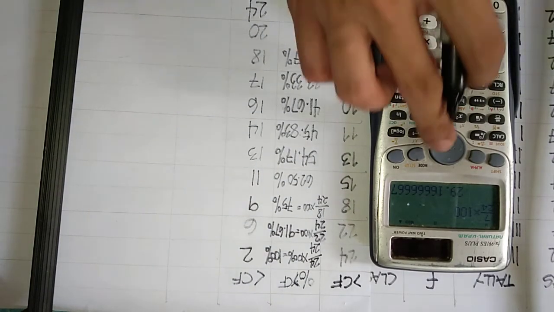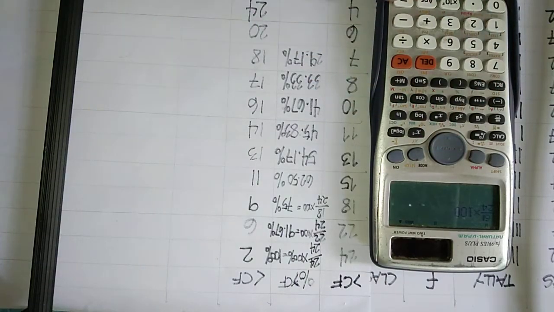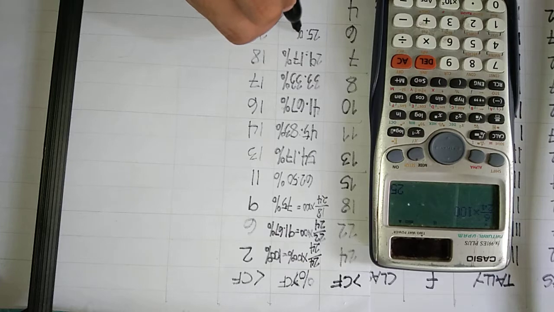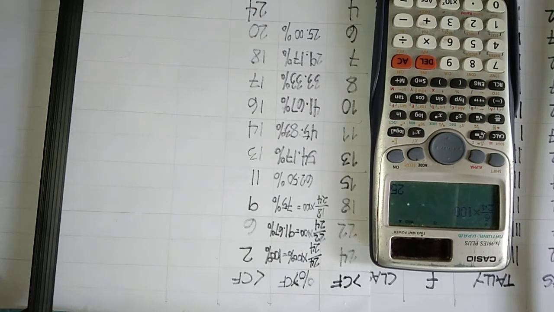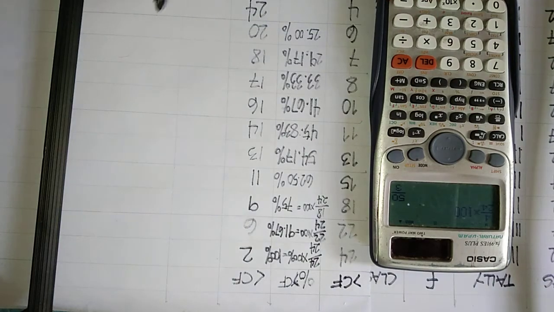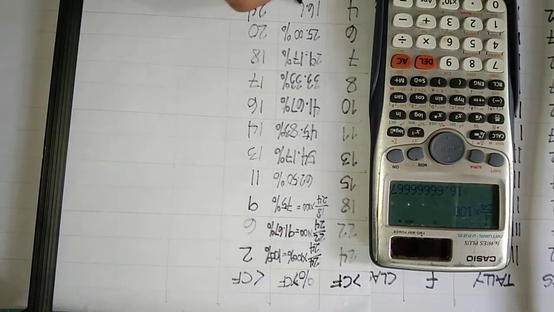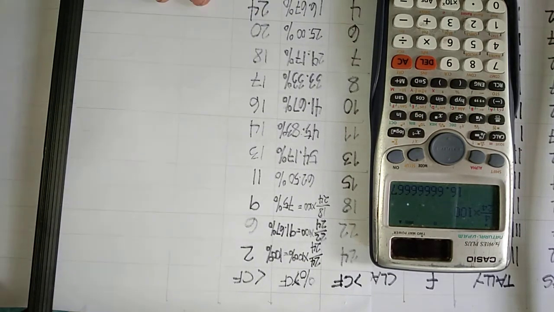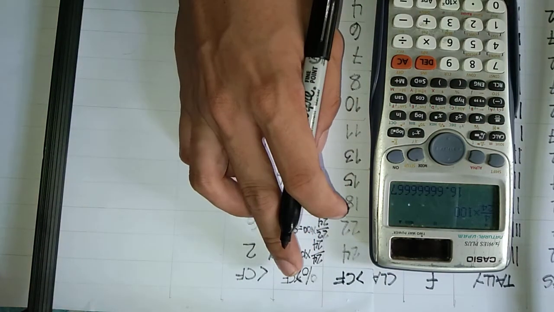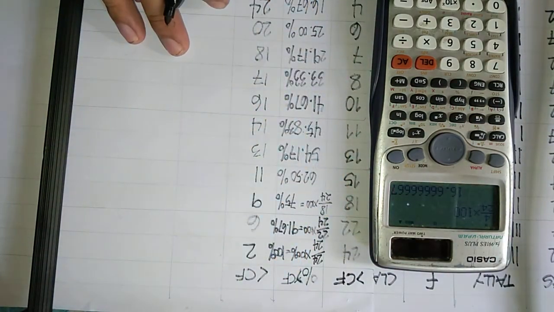For our 6, we have 6 divide 24 times 100, we have 25%. And last, we have 4. 4 divide 24 times 100, that is equal to 16.67%. So, yun yung ating pagkuha ng percentage of less than cumulative frequency.